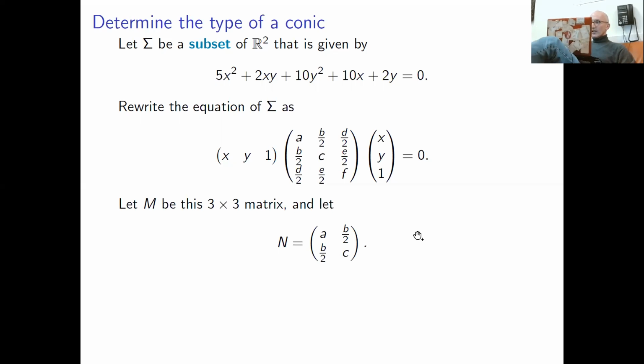First of all, you can rewrite the equation of my conic in a little bit unusual way, but I must warn you, this is actually the best possible way, for some reason which I don't want to describe now. You introduce a sort of dummy variable, 1, and you rewrite this equation like we did earlier for a 2 by 2 matrix, but now you rewrite it with a 3 by 3 matrix.